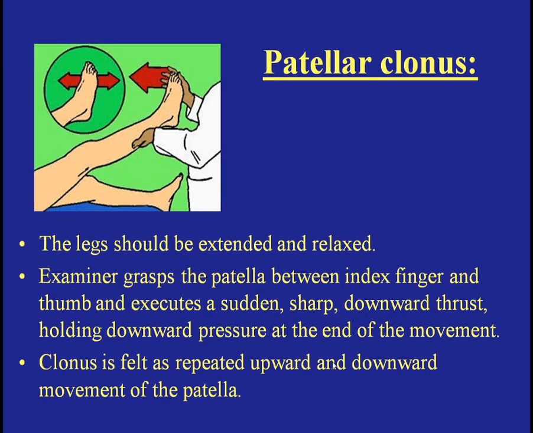And patellar clonus is the second type of clonus. The legs should be extended and relaxed. The examiner grasps the patella between index finger and thumb and executes a sudden, sharp downward thrust, holding downward pressure at the end of the movement. Clonus is felt as a repeated upward and downward movement of the patella.